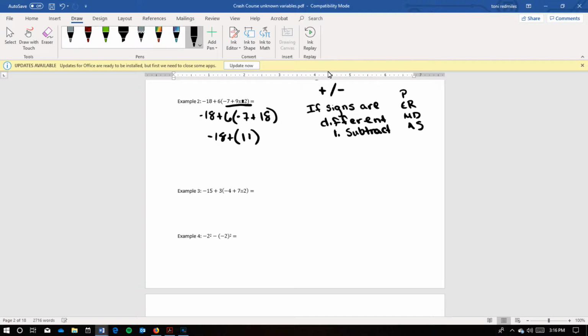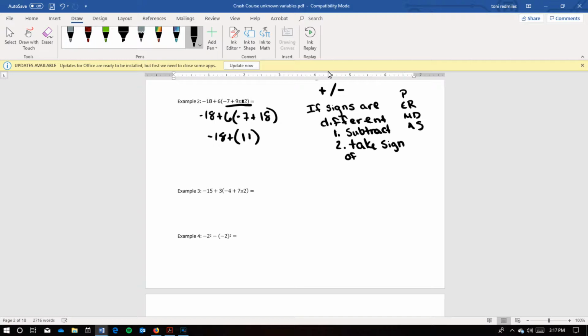I took 18 and I subtracted 7. Step 2, take the sign of the bigger number. Well, when we're talking about taking the sign of the bigger number, we're talking about the absolute values of the numbers. So just the value of the number, not the sign. Okay, so 18 is my bigger number.